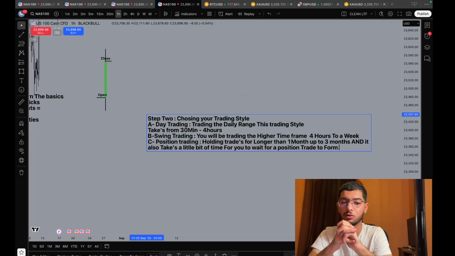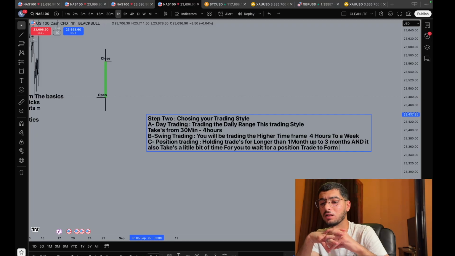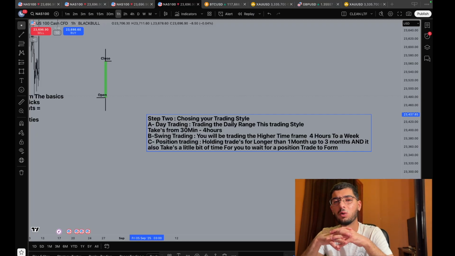It would suit people who are patient and would want to take 2 to 3 trades during 3 months, 6 months. So you wouldn't be taking a lot of trades, but this is very rewarding. You take a position and you wait for it to reach its objective, and you also have to be patient, hunting for position trade setups.